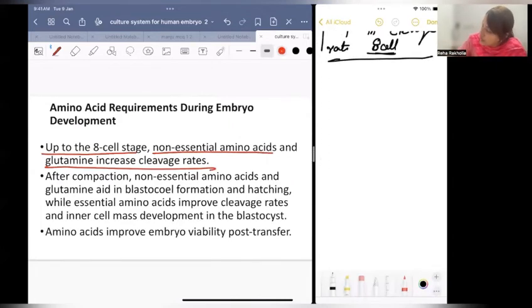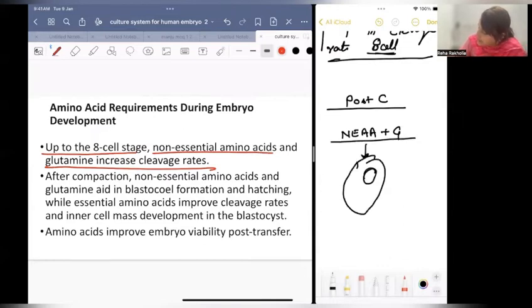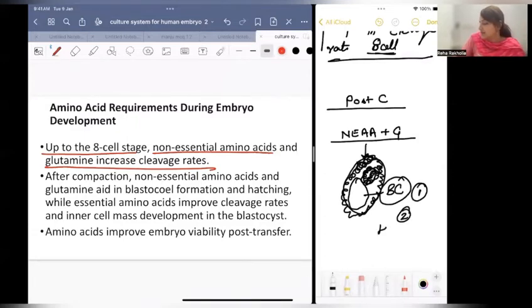Now, what does it do in post-compaction? Post-compaction, non-essential amino acids plus glutamate first of all help in blastocyst formation, and second, hatching.